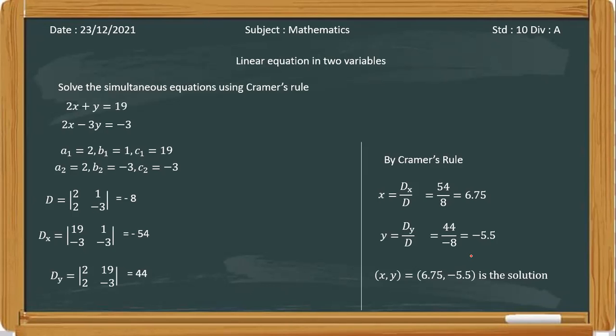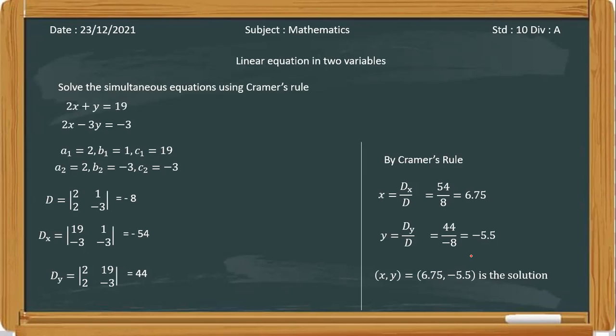In the next step, in finding dy, instead of the y coefficient we write the constant. Next, for finding the value of x, we divide determinant of x by d, and for finding the value of y, we divide determinant of y by d, which is Cramer's rule, given by Gabriel Cramer in 1750. Okay, he was a genuine mathematician.